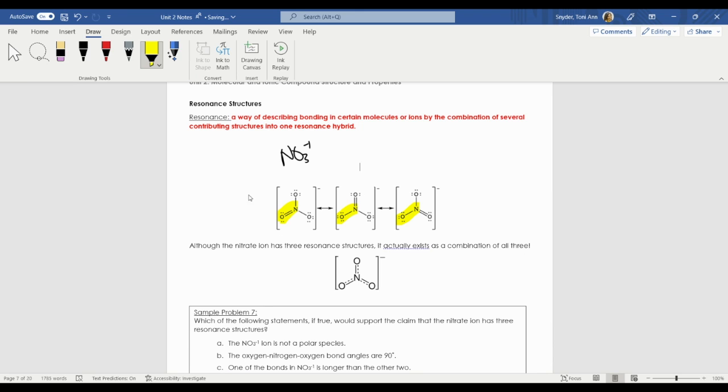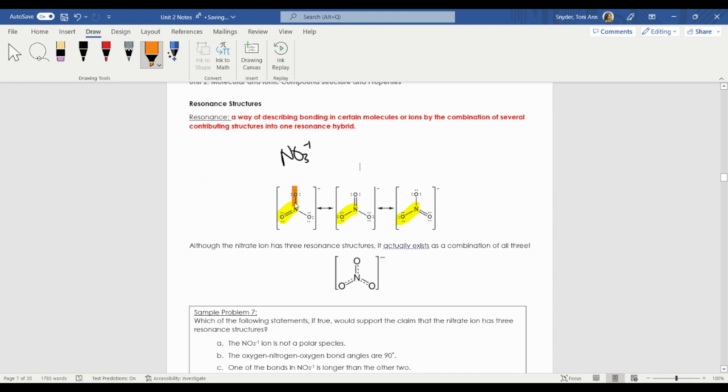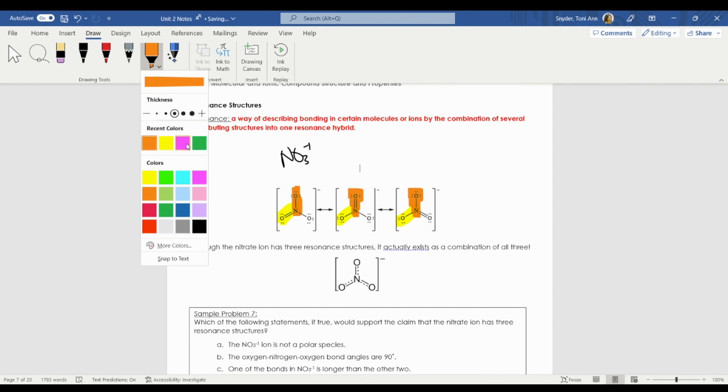Very weird concept. Let's take a look at another one of these bonds. I have this nitrogen and oxygen bond. This bond is a single bond, but here it's a double bond, and here it's a single bond. So only in this center structure does this particular bond have a double bond. And lastly, let's consider this last bond.